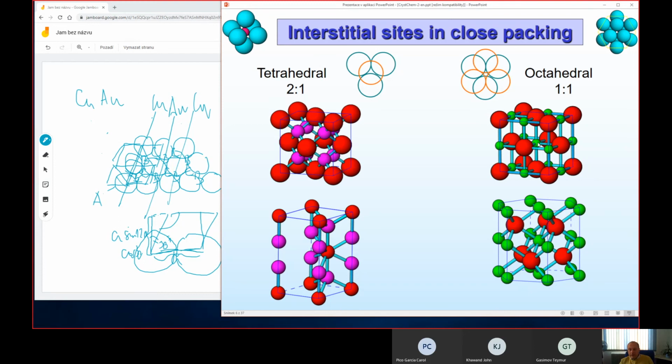Each cation or atom of one type is coordinated by 6 atoms in octahedral arrangement, and also each atom in the original close-packed structure is surrounded by six atoms in octahedral positions, because if you extend this pattern, we have another green atom here, and another here, and another here. So again, the octahedral arrangement.